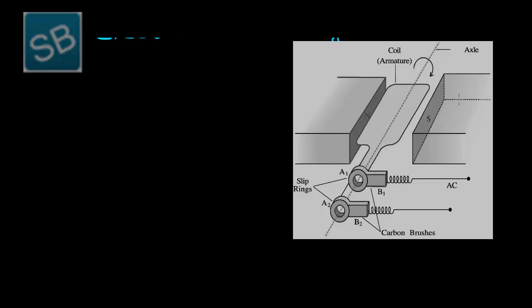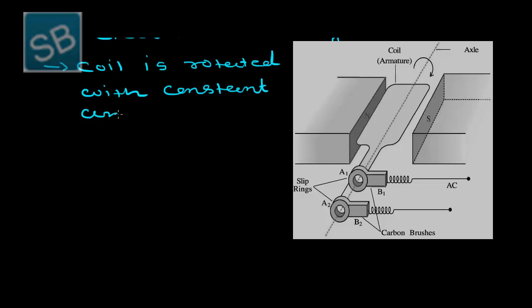Now, when the coil is rotated with a constant angular velocity equal to omega, this coil will rotate in a uniform magnetic field.